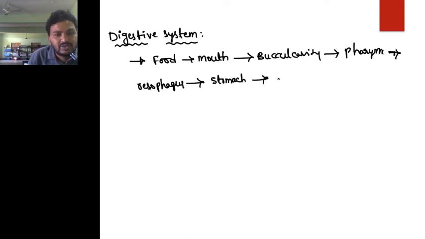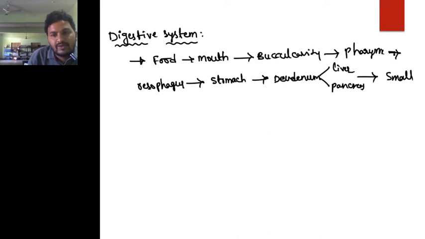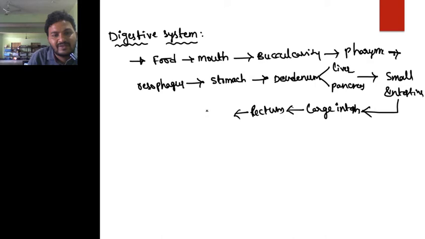and then stomach to duodenum, then duodenum to liver, pancreas, and then enters into the small intestine, and then small intestine to large intestine, then large intestine to rectum and anus.